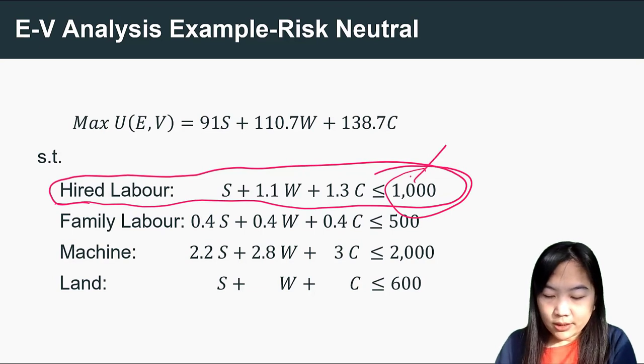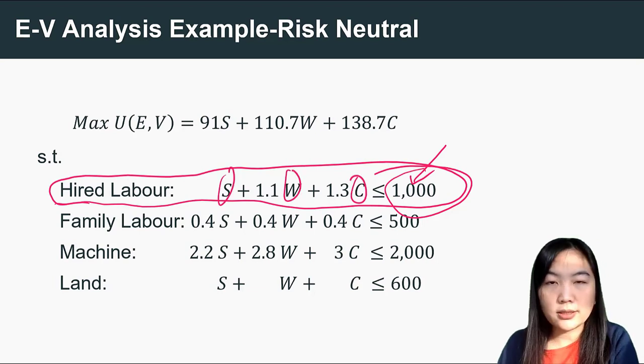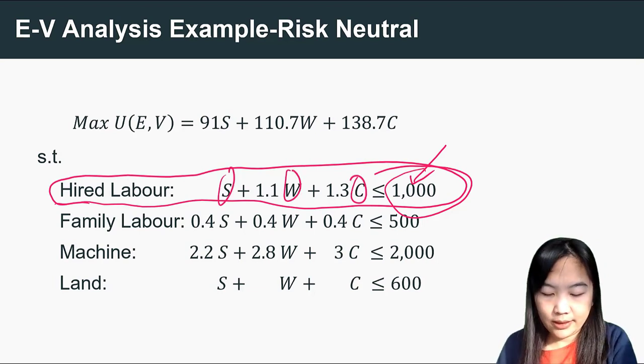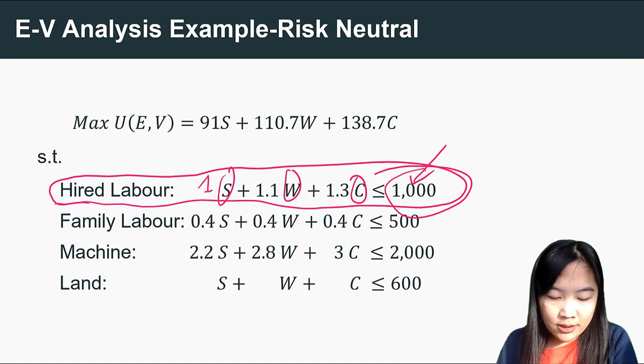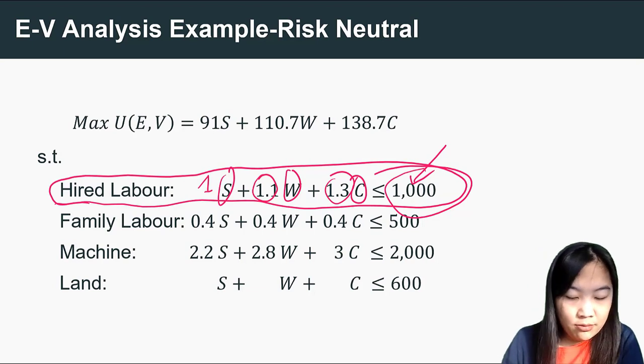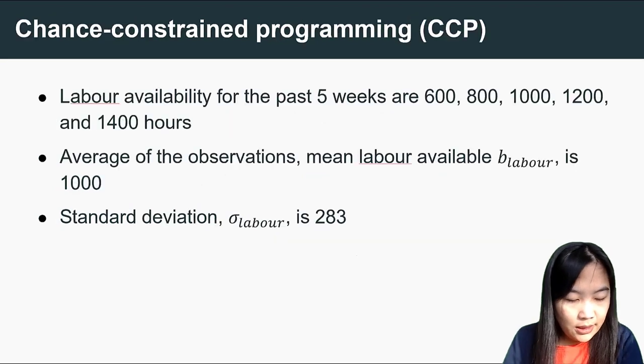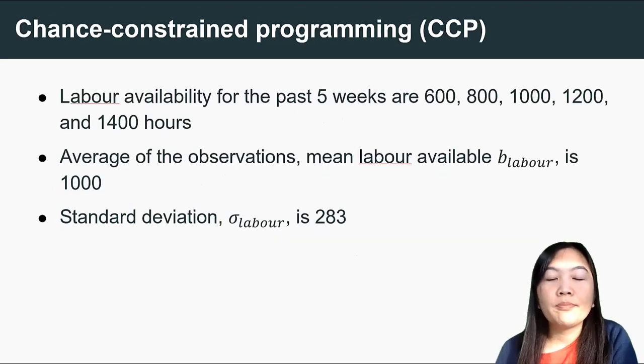So this 1,000 is the Bj. And the S, W, and C are the X1, X2, and X3. And then the 1, 1.1, 1.3 are the Aj1, Aj2, Aj3. So that's that constraint.